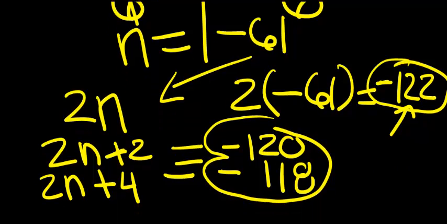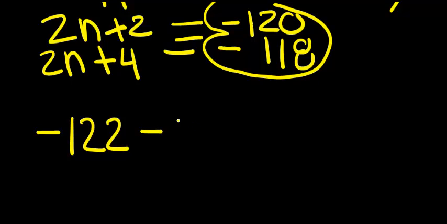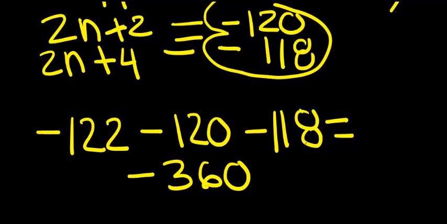But Miss Harris, am I right? I have no idea. Add them together. So I have a negative 122, and I'm going to add a negative 120, and I'm going to add a negative 118. And sure enough, this comes out to be negative 360. Check. On these problems, don't press the panic button.